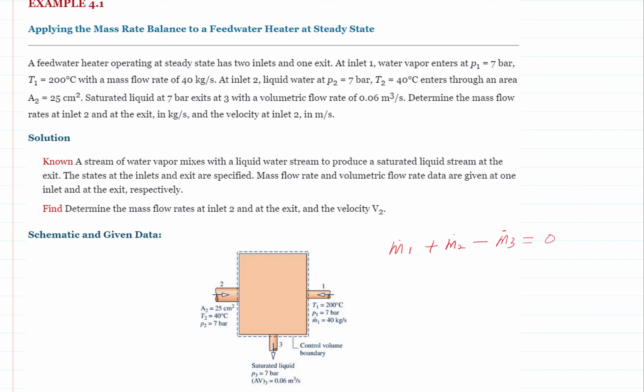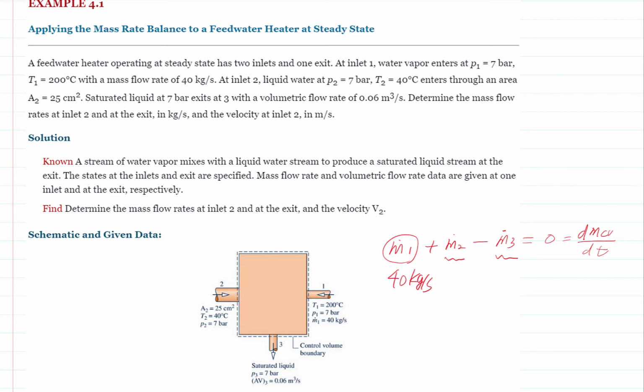So there's no change in mass within the system. All dm in the control volume over dt goes to 0. So m1 is already given, 40 kg per second. We need to determine the mass flow rate at inlet 2 and the exit and the velocity at inlet 2.